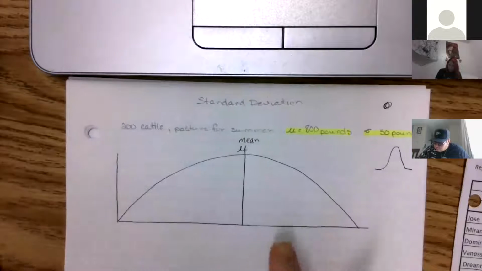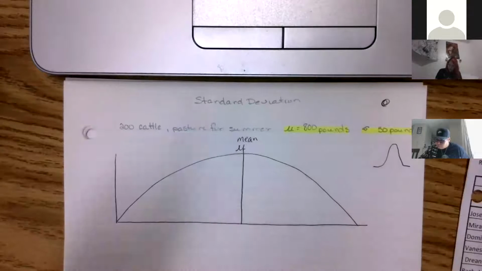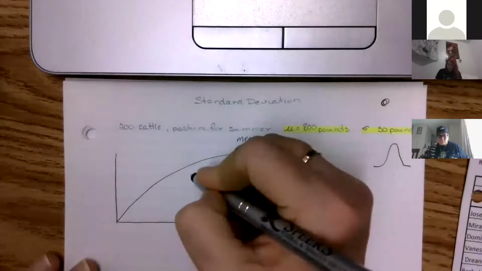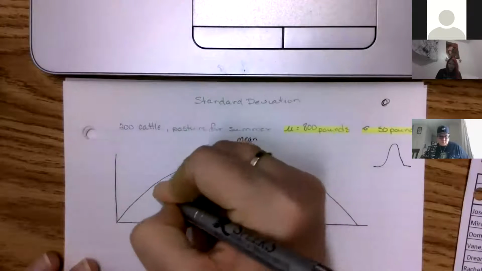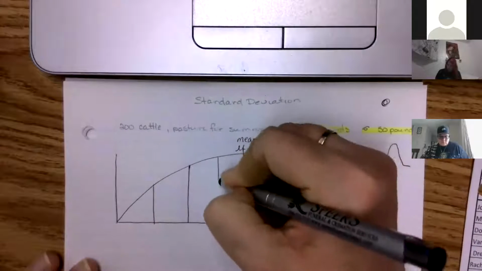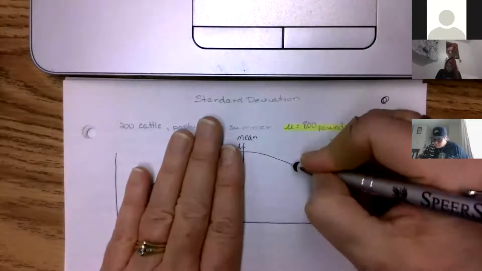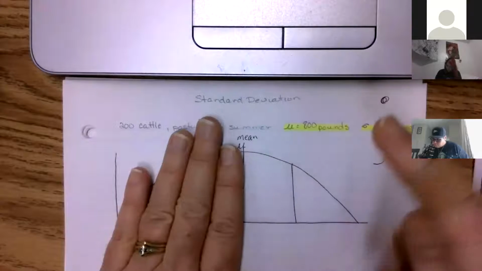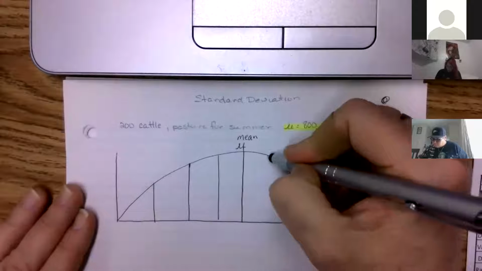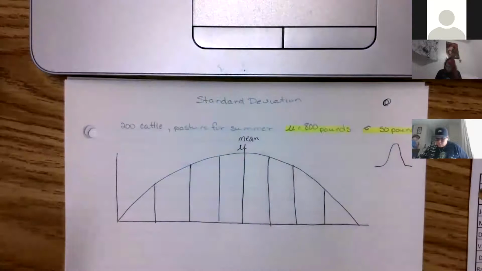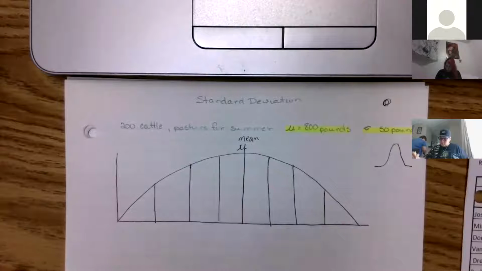And then we divide each of these, basically you divide it into 8 little chunks. So when I do it, I divide it in half, like that. And then I'll divide this side. So I take this part and I divide it in half. And then I take this part. Okay. If you just want to do 8, it doesn't matter. That just makes it easy for me.